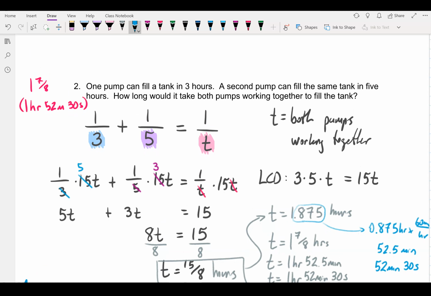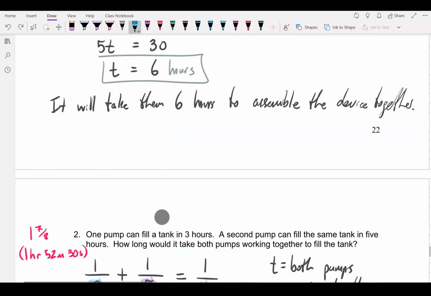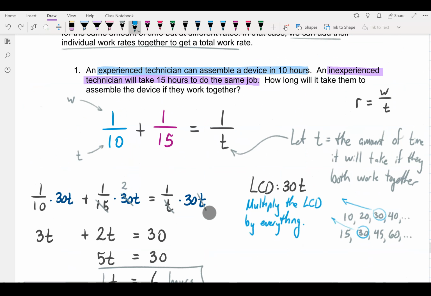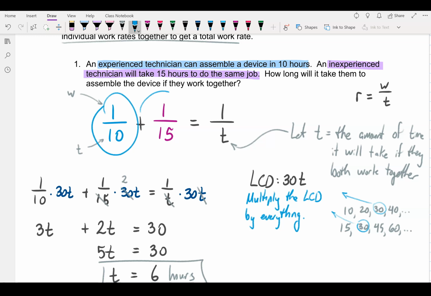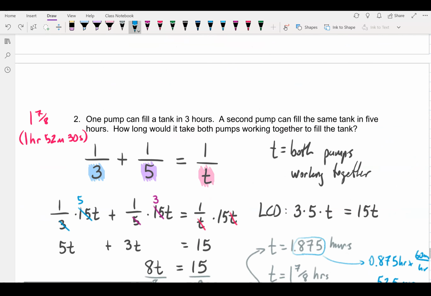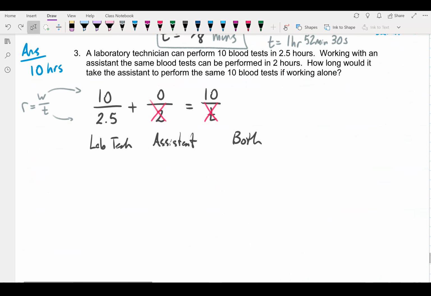Previously, we have one pump, second pump, and then both. In the first question here, we had experienced technician, inexperienced technician, and then both. So that third fraction, the one on the right side of the equal sign, that's always supposed to be both. So we should have lab tech, then assistant, then both. Hopefully you see what I'm trying to get at here.